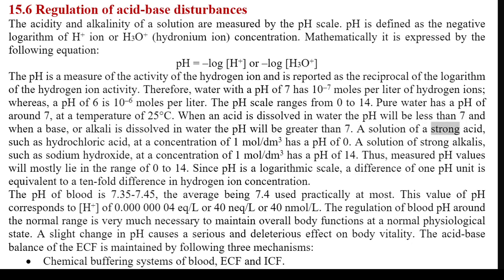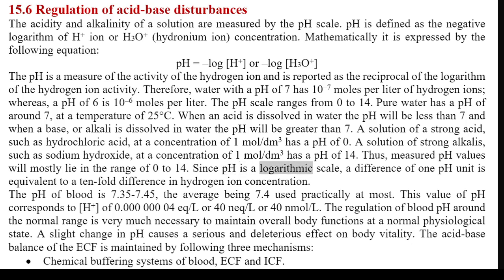A solution of a strong acid, such as hydrochloric acid, at a concentration of 1 mol/dm3 has a pH of 0. A solution of strong alkalis, such as sodium hydroxide, at a concentration of 1 mol/dm3 has a pH of 14. Thus, measured pH values will mostly lie in the range of 0 to 14.